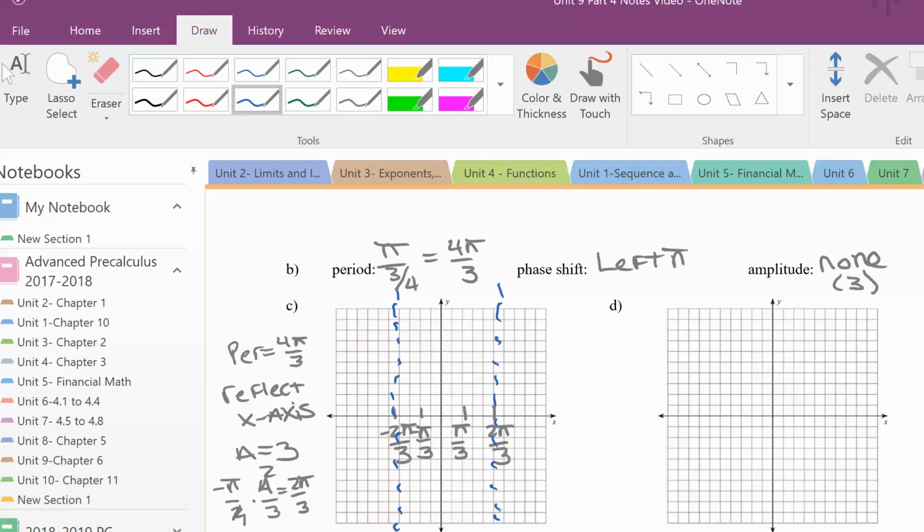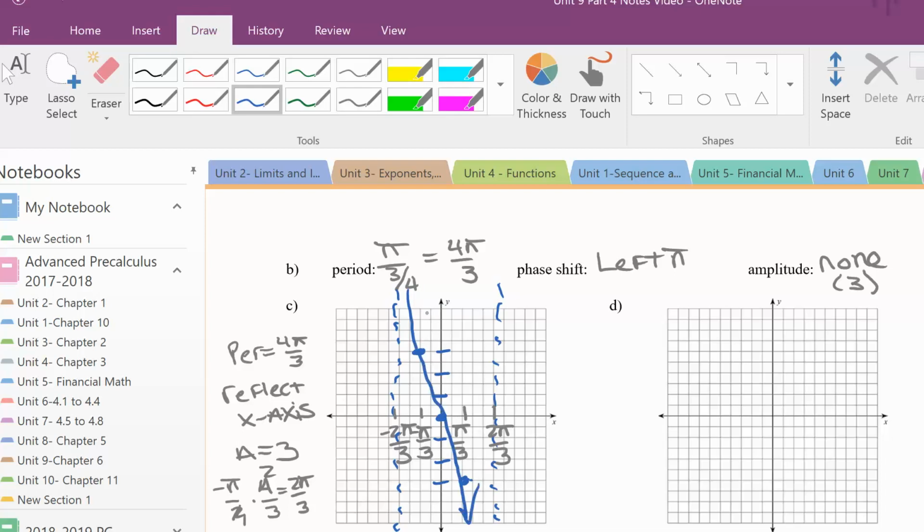The point in the middle is still at 0, 0. But now pi over 3 is going to go up to 3. And notice it usually rises from left to right, but because of the reflection, it flipped. And then down to negative 3. And now it goes like this.